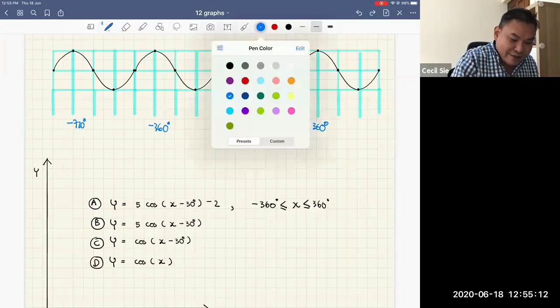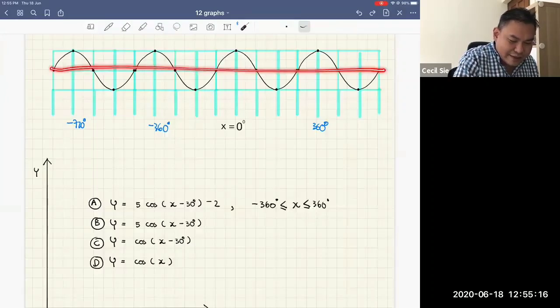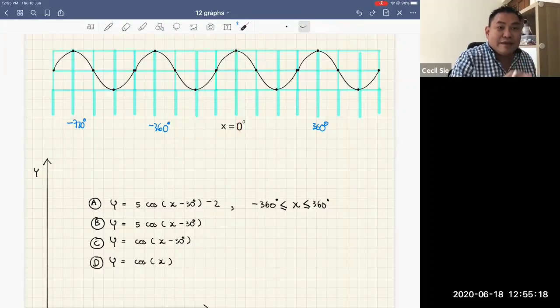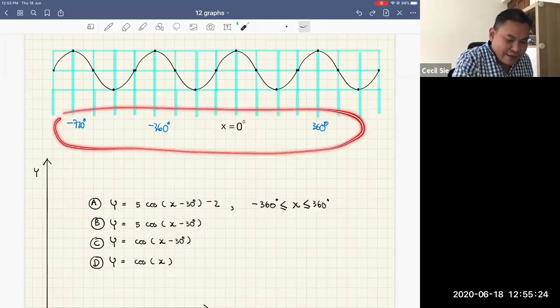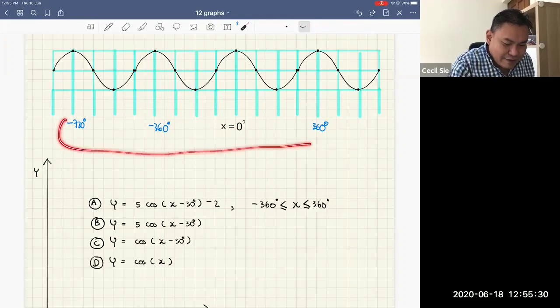And the label, don't put the label on the axis here, because it might interfere with the graph. So we put it outside here, either below or on top, using pencil. Or for the y-axis, you put it on the right.